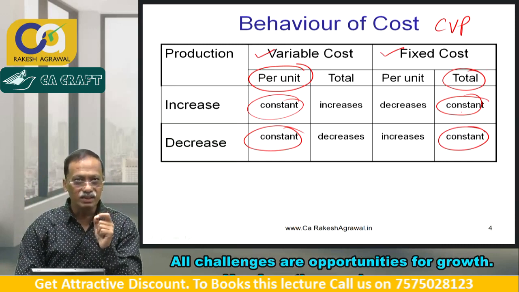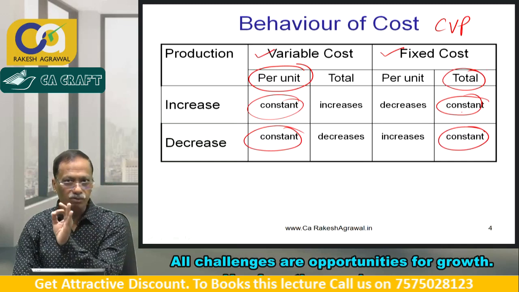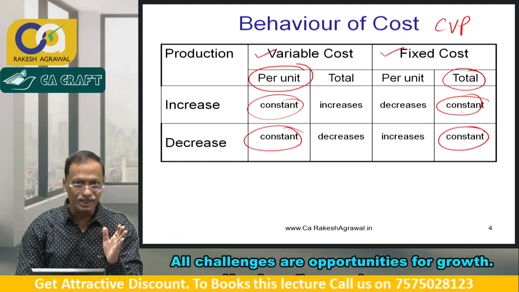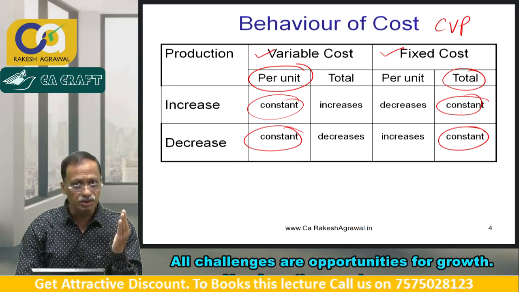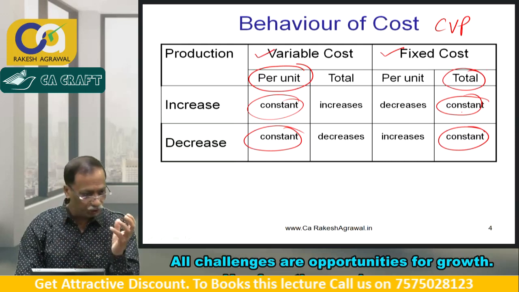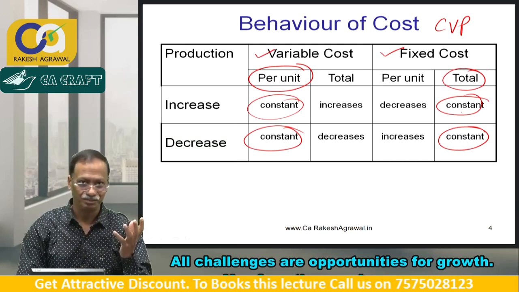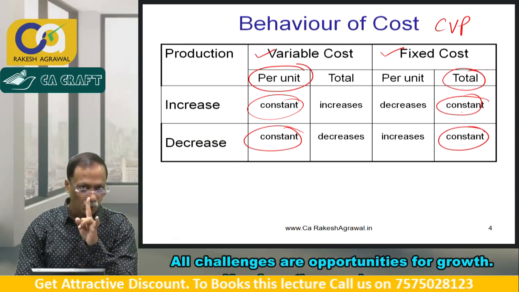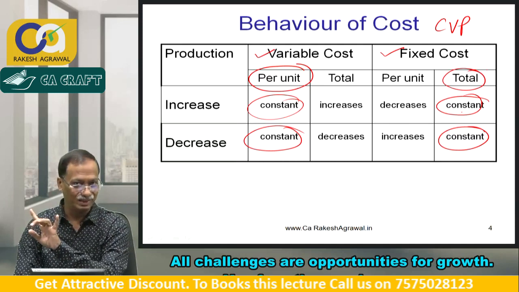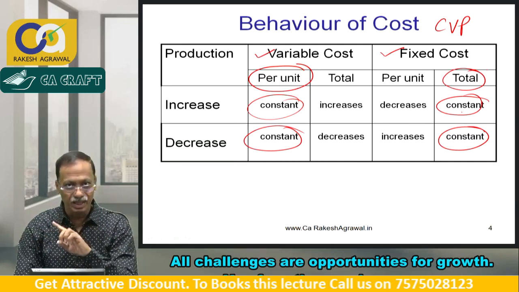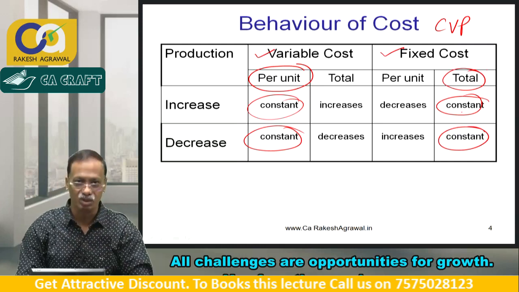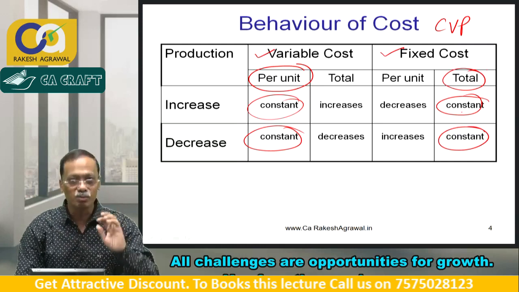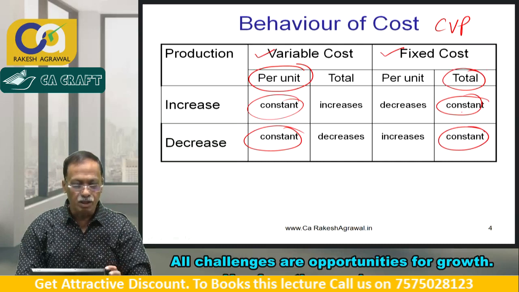CVP stands for cost volume profit analysis, which means we are analyzing the behavior of cost and profit due to change in sales volume or due to change in volume of production. Are you getting it?